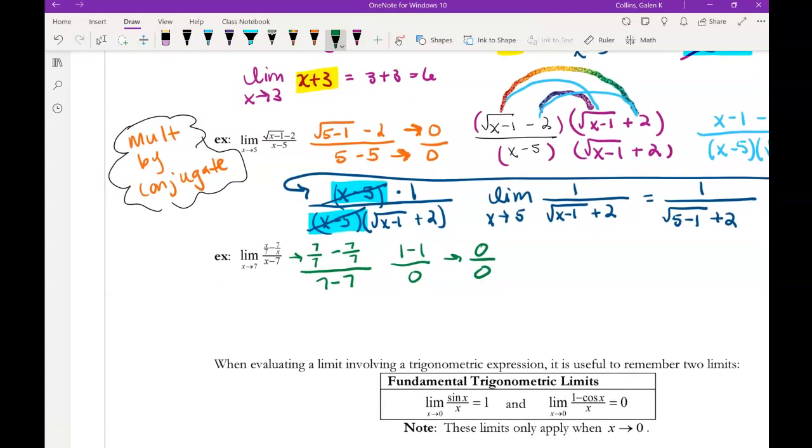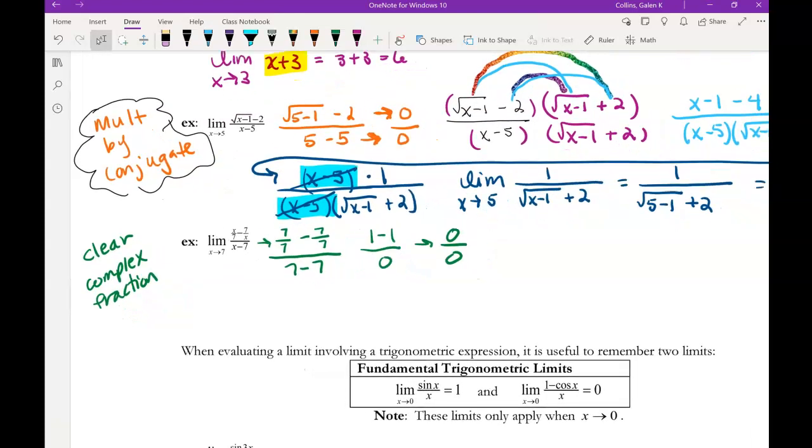So our third strategy, where we clear complex fractions. In other words, a complex fraction is when you have a fraction in a fraction. So the fractions in the numerator of this function is what makes it a complex fraction. So our goal is to manipulate this function to get rid of that.